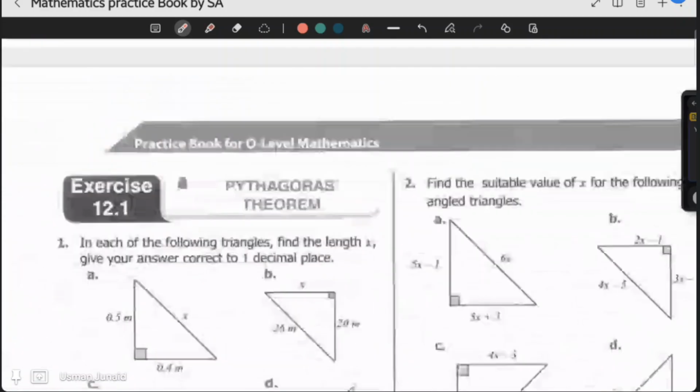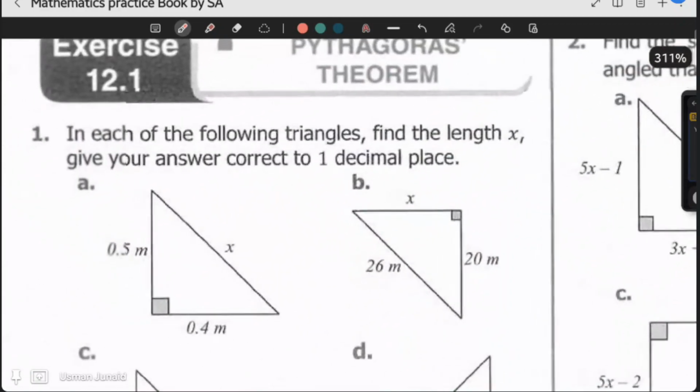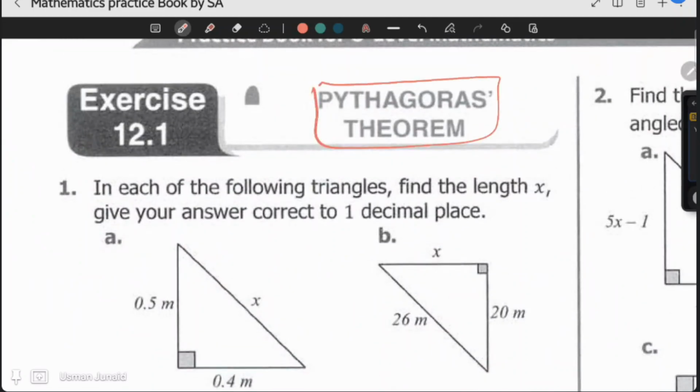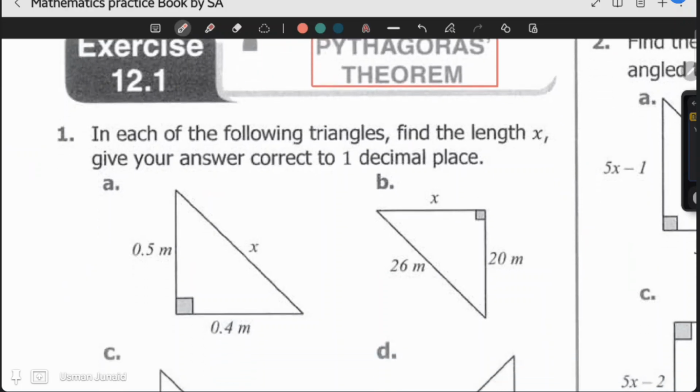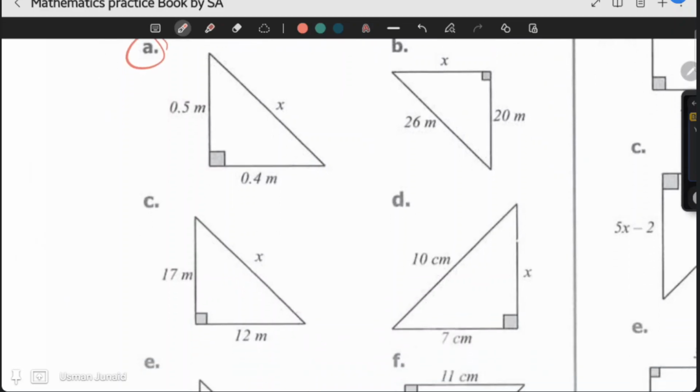Now let's look at questions. So the first part is Pythagoras theorem. You've done quite a bit of this, so we'll move through this quickly. Can you find the answers for A and D?